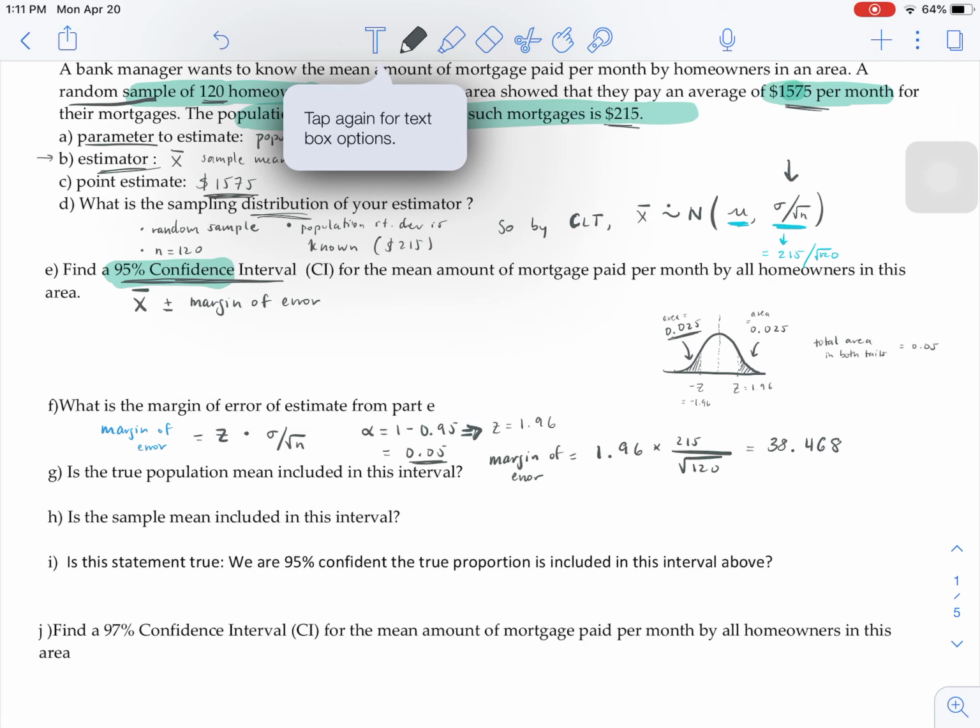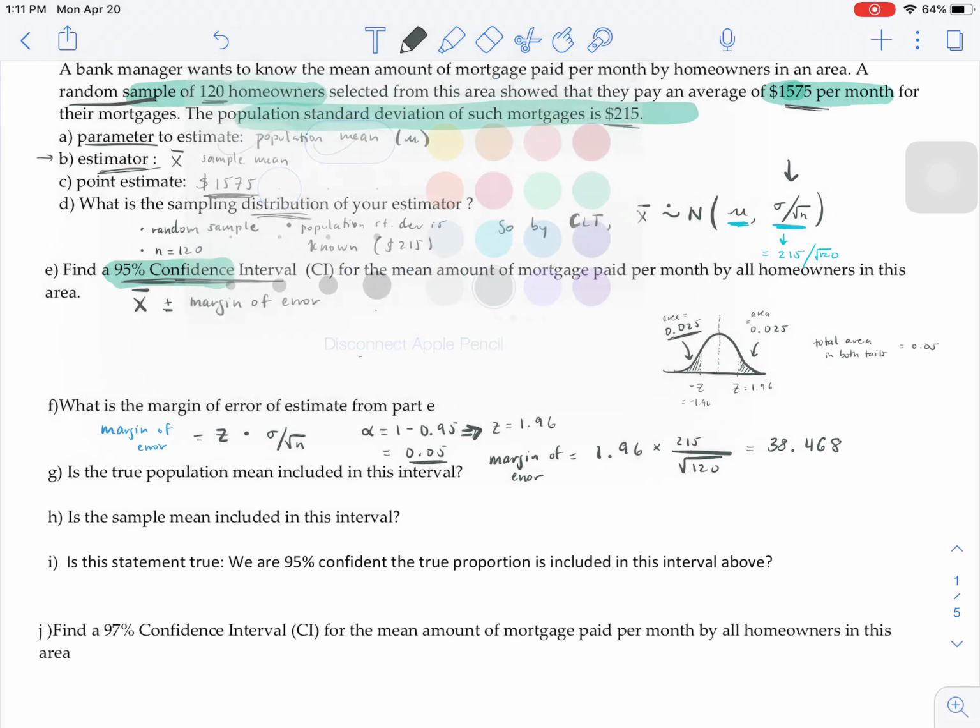So my 95% confidence interval is my point estimate, which was $1,575, plus or minus our margin of error, which was 38.468.